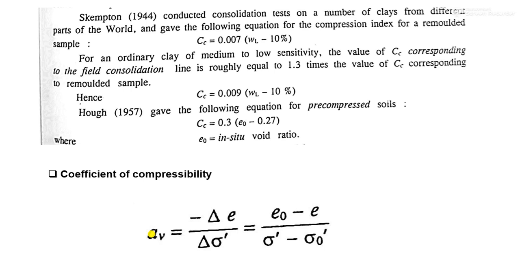This is minus because the change in void ratio, e0 minus e, is initial minus final.